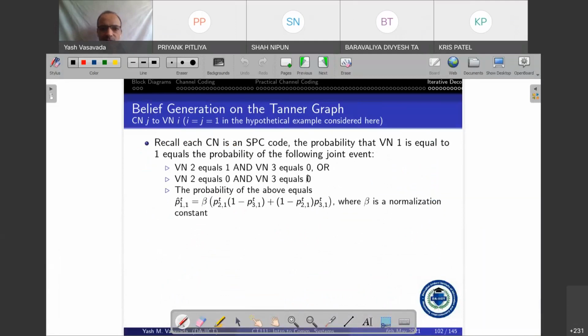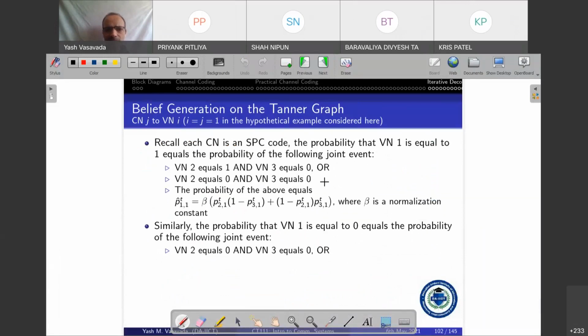This 0 should have been 1. In case you have noticed it, that is good. If not, keep that in mind. There was a mistake here on this slide. So over here also it should be 1.